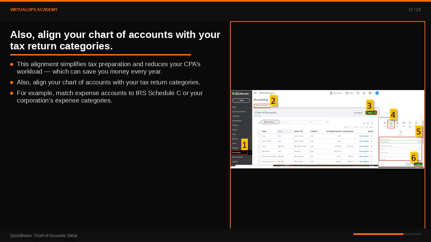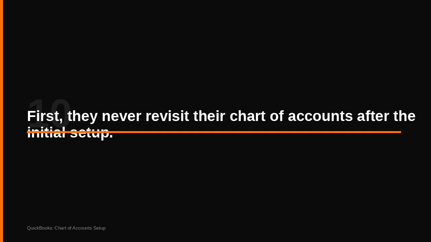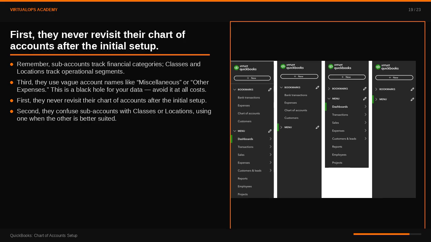Now, let's talk about common mistakes I see business owners make. First, they never revisit their chart of accounts after the initial setup. Your business evolves, and so should your accounts. Schedule quarterly reviews to prune, rename, or add accounts as needed.